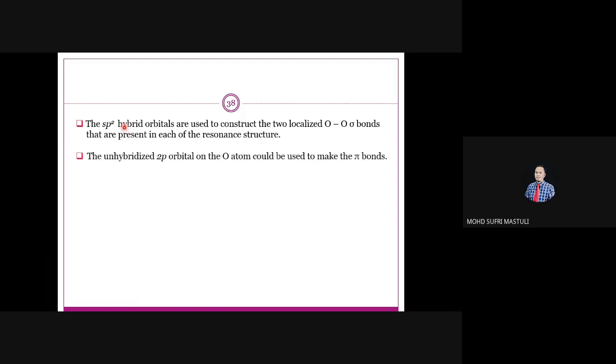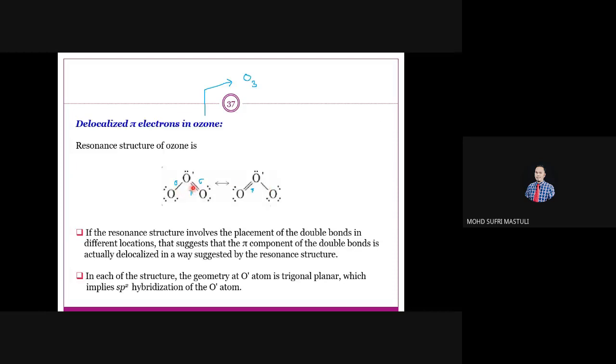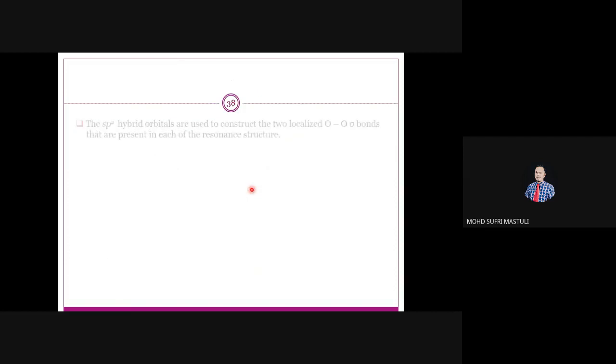And then the unhybridized 2p orbital of the oxygen atom could be used to make the pi bonding. These pi electrons are delocalized over the 3 oxygens, so they can be moved between this one or this one. It can be here or it can be here. Okay.